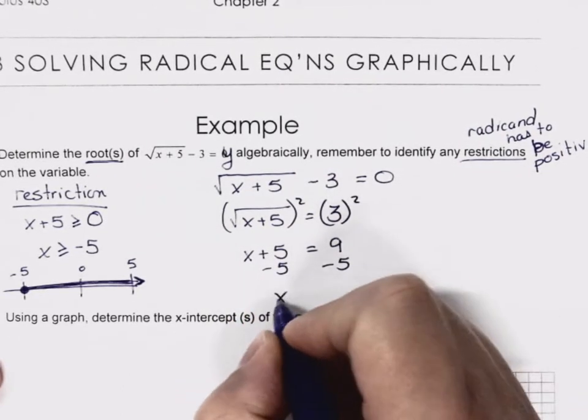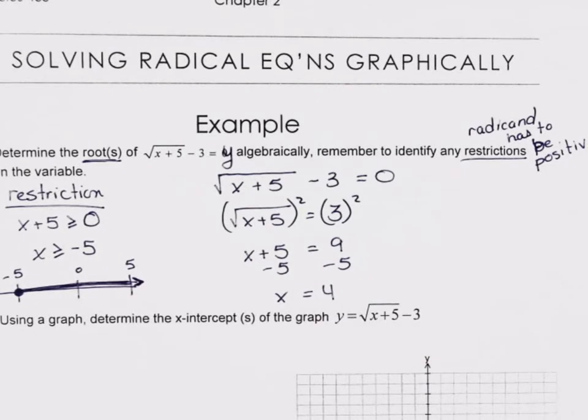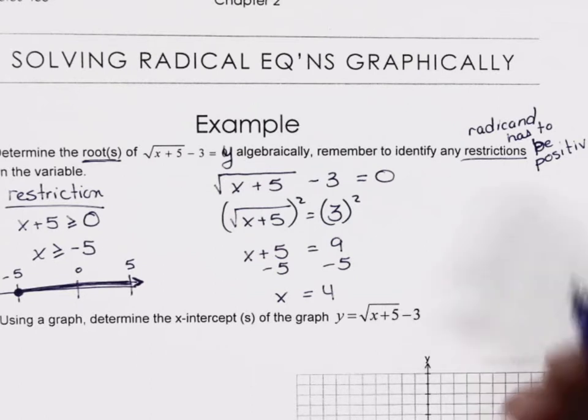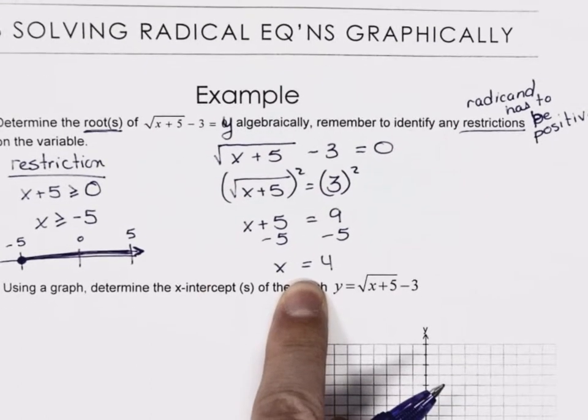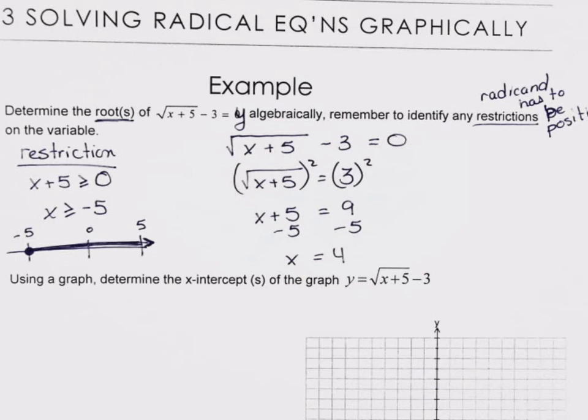You guys are too fast for me. Just 4, because we're not doing the action of square rooting; we squared. It's when you root. So the x-intercept is going to be 4. As a coordinate pair, it would be (4, 0), right? Okay, we're doing pretty good.